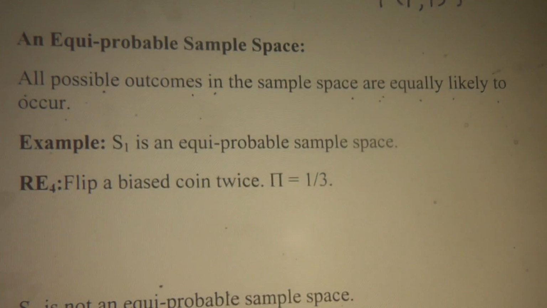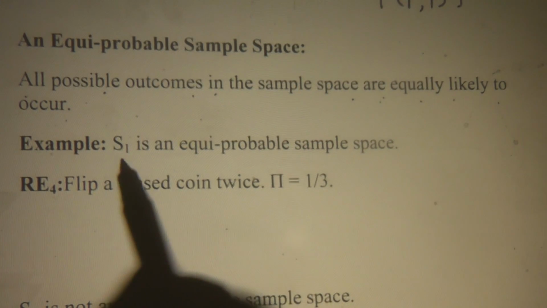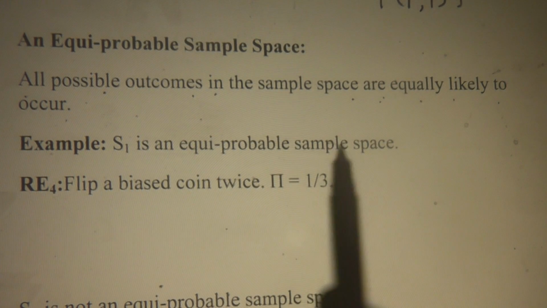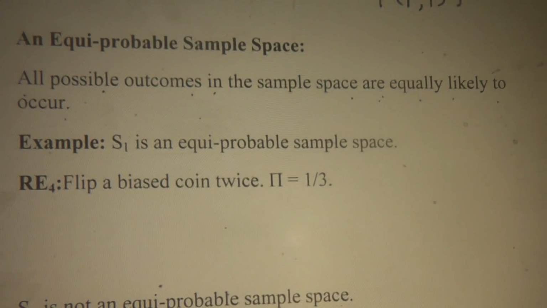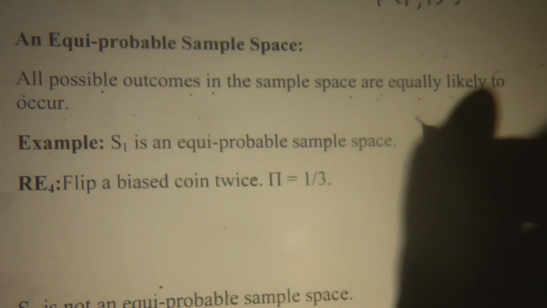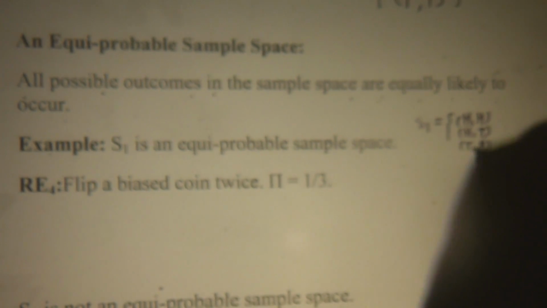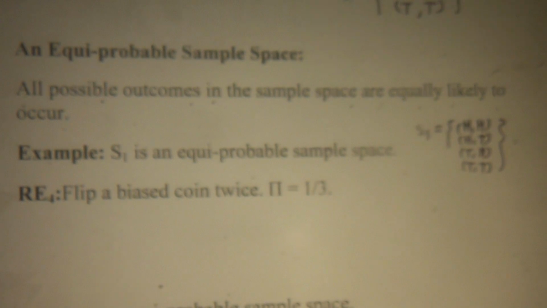For example, sample space 1 is an equiprobable sample space. S1 is head-head, head-tail, tail-head, and tail-tail. This is equiprobable.